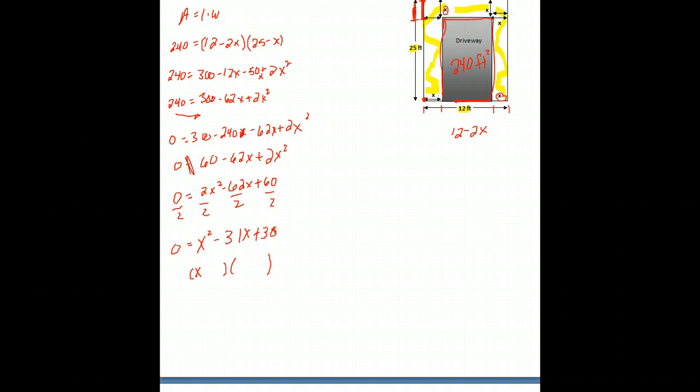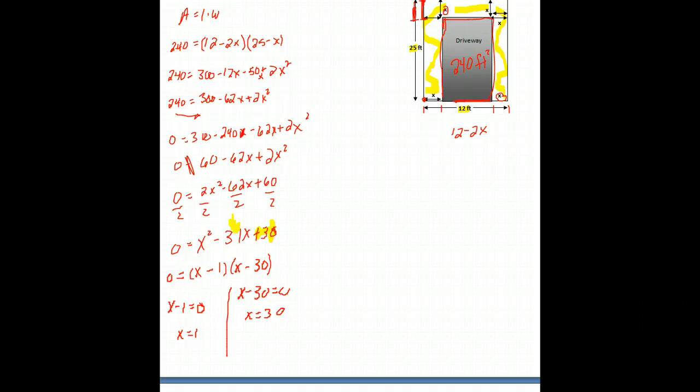So two factors of our last number are going to add to give us our middle number here. And two factors of 30 are 1 and 30. And to get them to add to negative 31, I'll make both negative. Now I'll put a line down. So x minus 1 equals 0, x equals 1. x minus 30 equals 0, x equals 30.